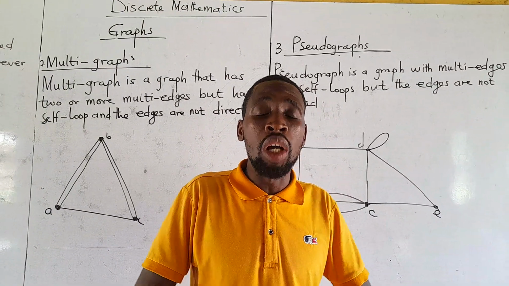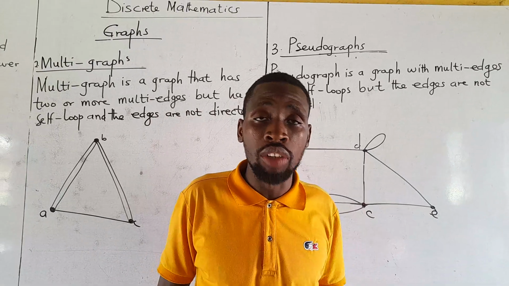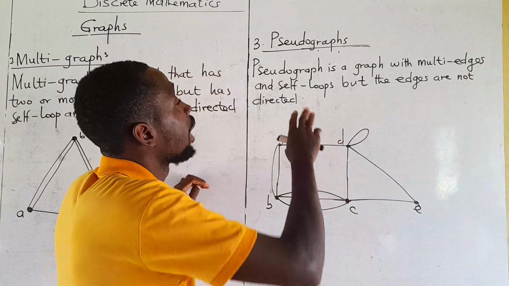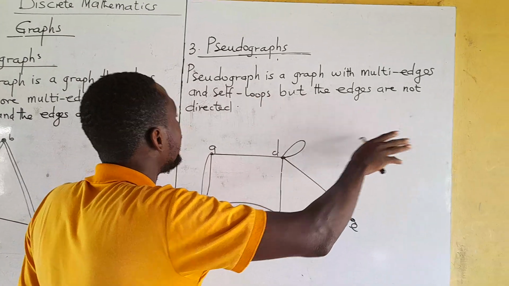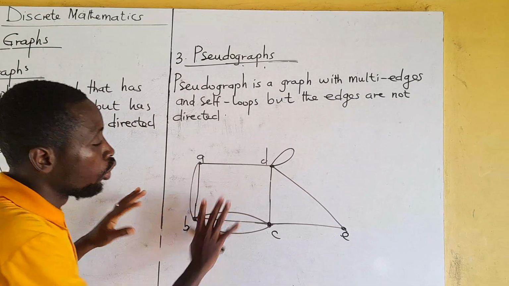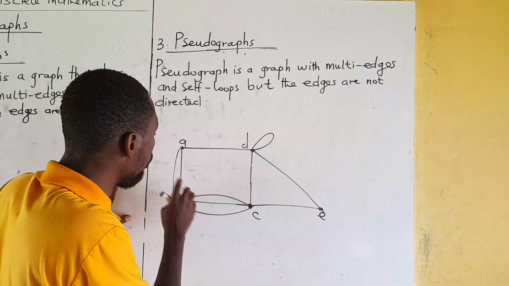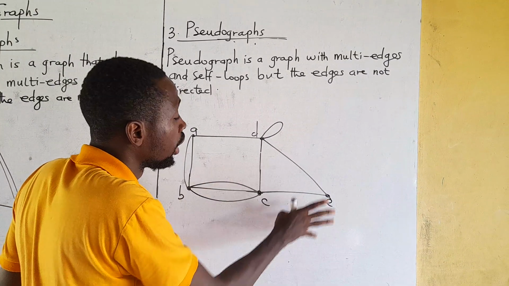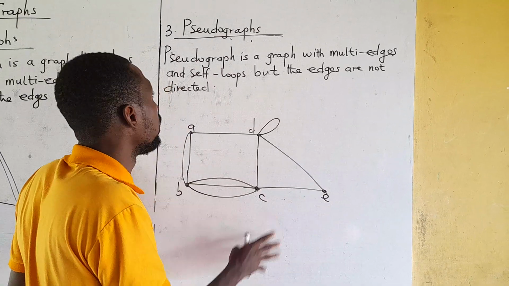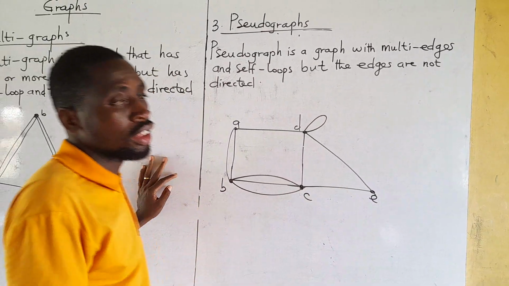The only thing we can't have in self-loop graphs is directed edges. So we say a self-loop graph is a graph with multi-edges and self-loop, but the edges are not directed. So if you meet this kind of graph, you see that we have multi-edges here, we have a self-loop. The only thing that is missing is that the edges are not directed. When you meet such type of graph, we call it self-loop graph.